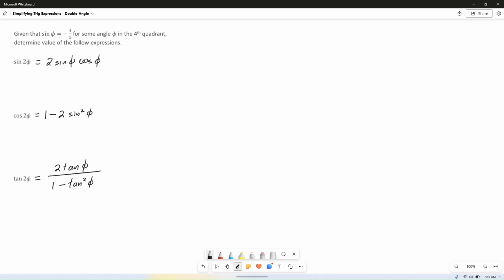But let's try it a little differently just to illustrate another way that we could go about figuring out these values.